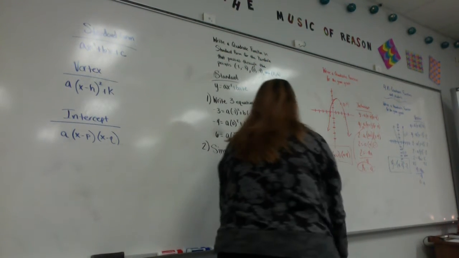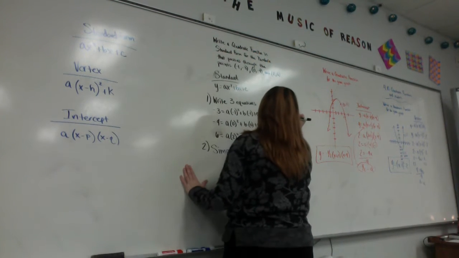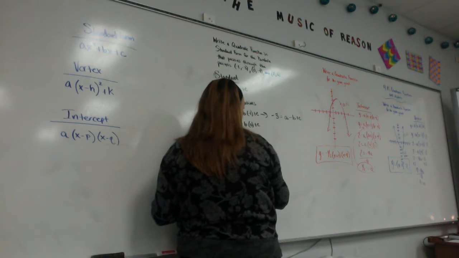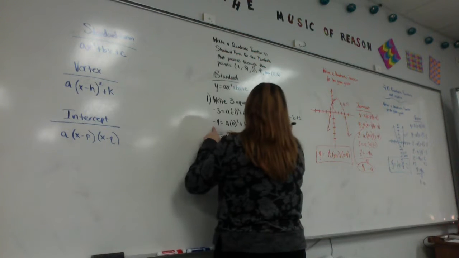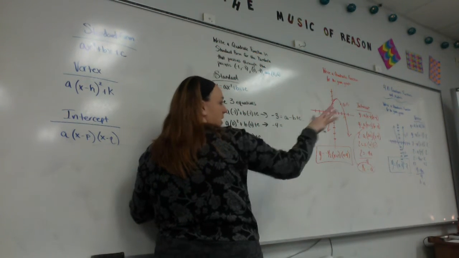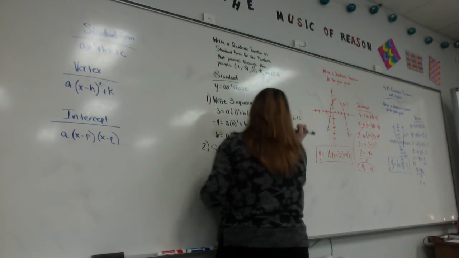And then I have b times -1, which gives me -b, and then I just have plus c. On this one, I have -4 equals, well, I have 0 times a and 0 times b, so I get 0, and I'm left with plus c, so just c is fine.